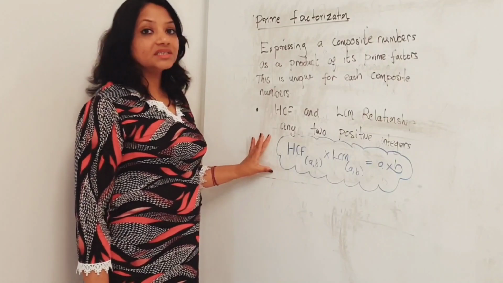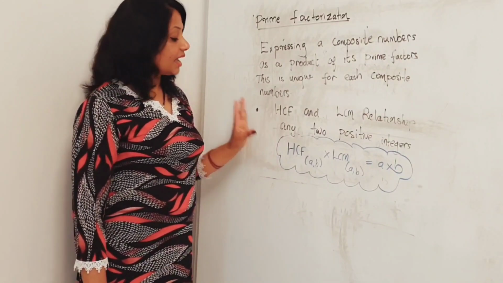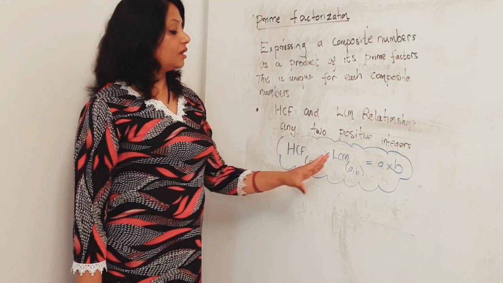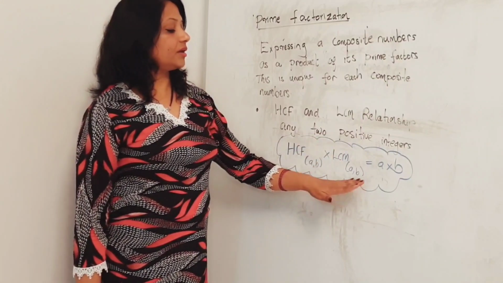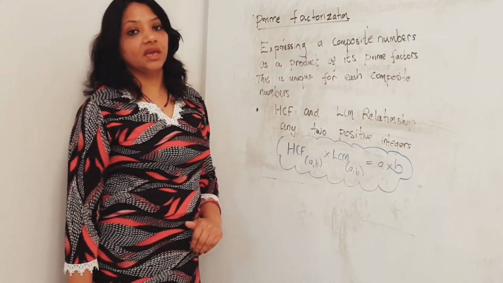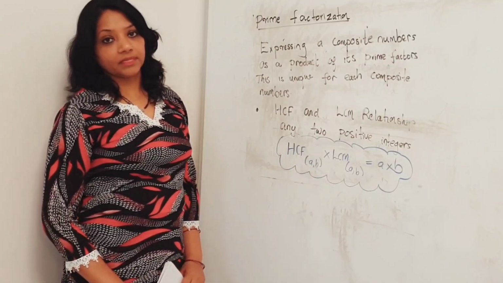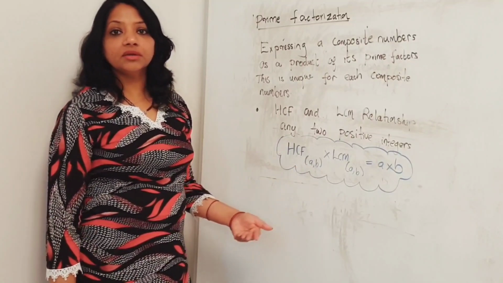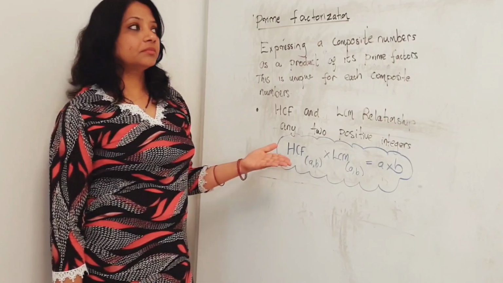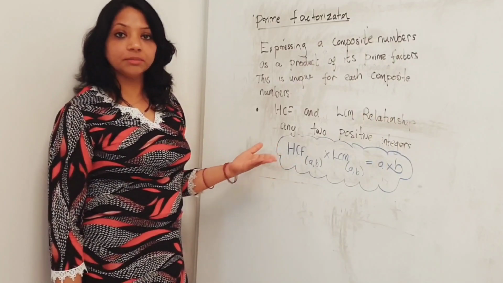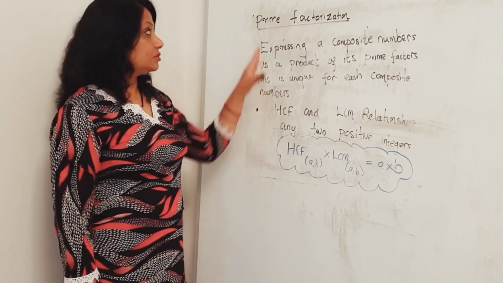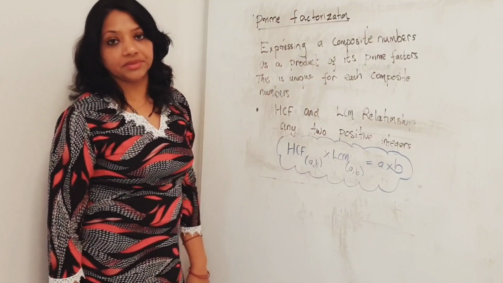So the first formula is HCF of A, B into LCM of A, B equals A cross B. A, B means two positive integers. That's it. So then in the next video I'm going to show you some previous year question papers for real numbers.